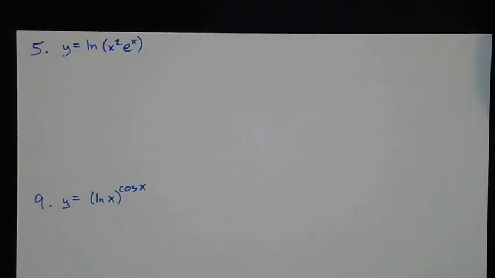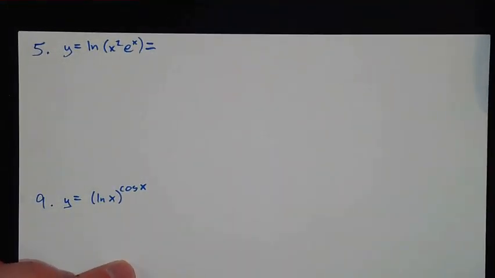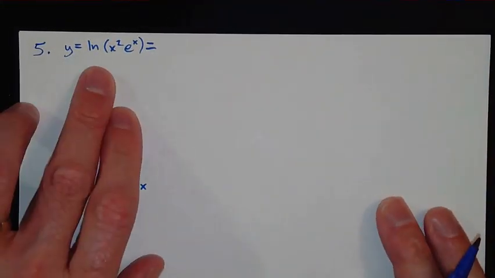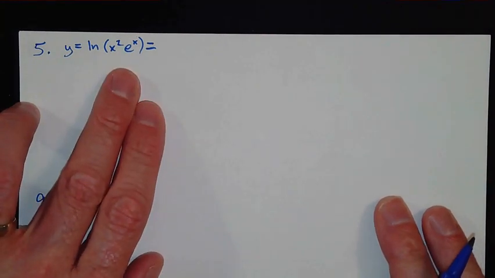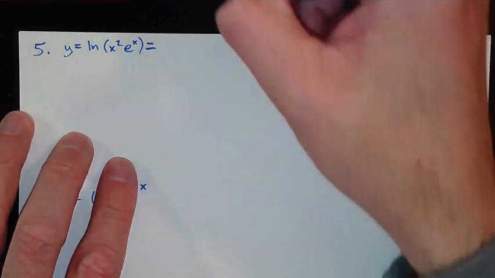I looked at number 5, and this jumped out at me as a problem that we could do two different ways. But the easier way of doing this is to apply some properties of logs first. Don't just take the derivative as is. Whenever you've got y is the natural log of some function, if that function is kind of complicated, we can usually simplify it.